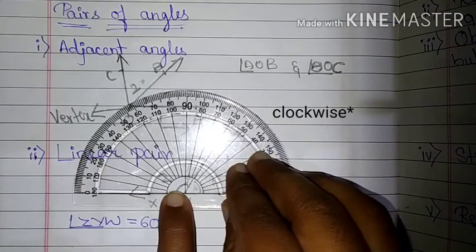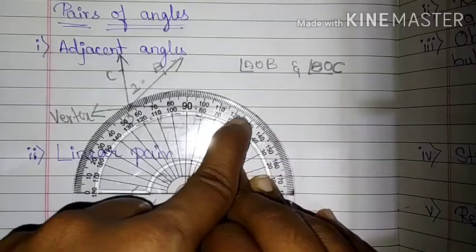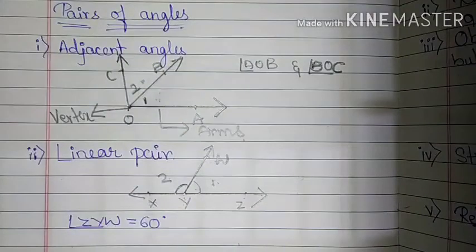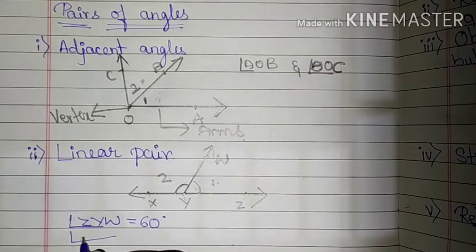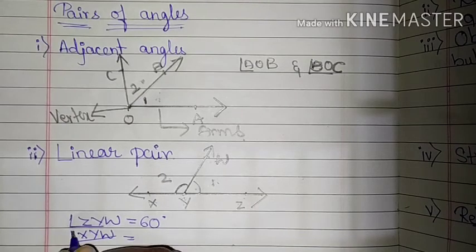So if you look carefully, this angle meets at 120 degrees. We are measuring it in the opposite direction. So angle XYW is equal to 120 degrees.